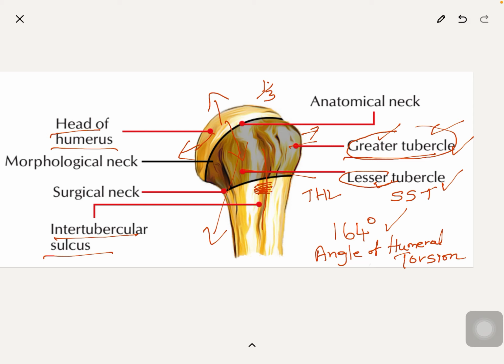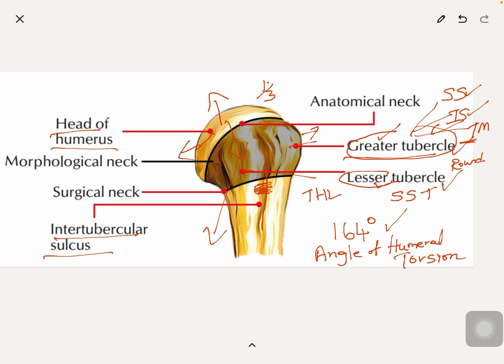The greater tubercle receives the insertion of three muscles: supraspinatus, infraspinatus, and teres minor. The supraspinatus and infraspinatus you learned in the scapula, above and below the spine of the scapula. Teres means round, as in the general anatomy muscle class.